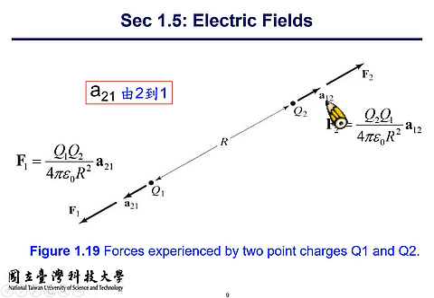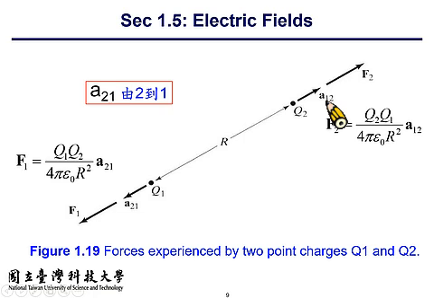How about if I remove Q1? What happens? Well, you observe nothing. Nothing happens. However, the field established by Q2 is still there, no matter whether you have Q1 or not. So the idea of electric field is proposed to describe this kind of situation.